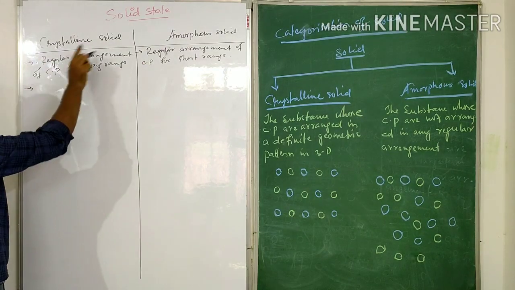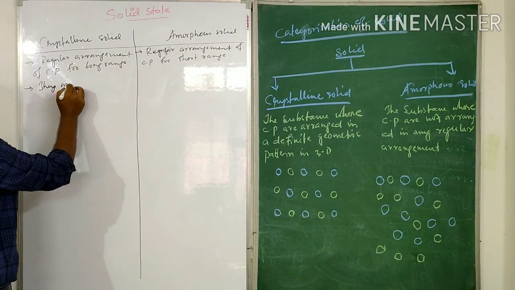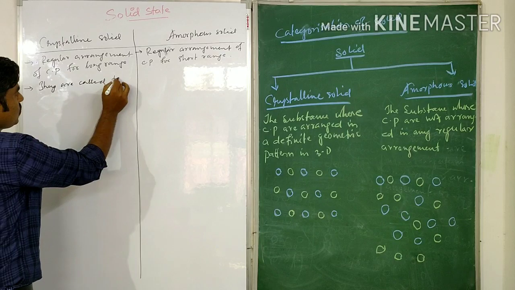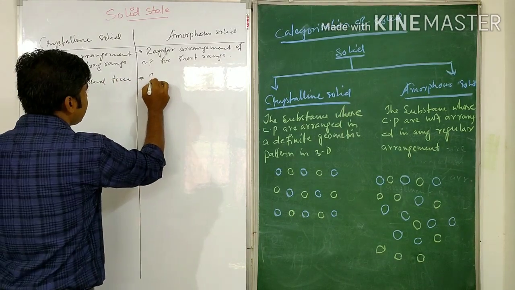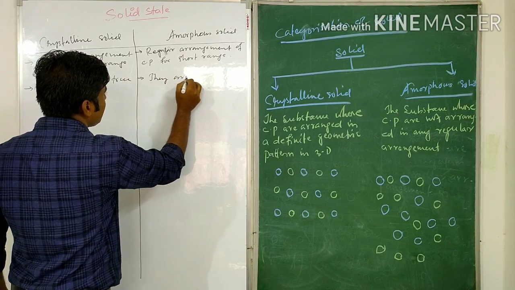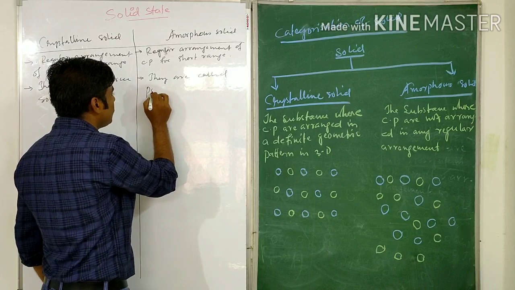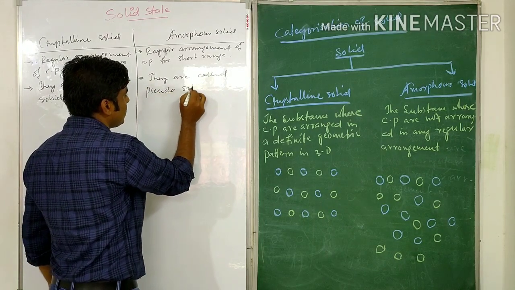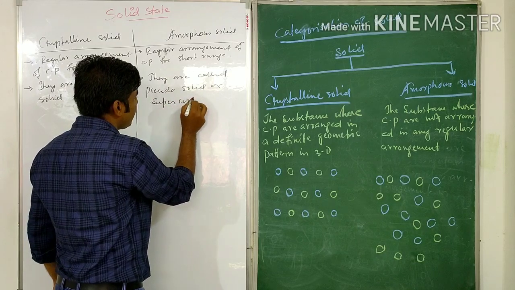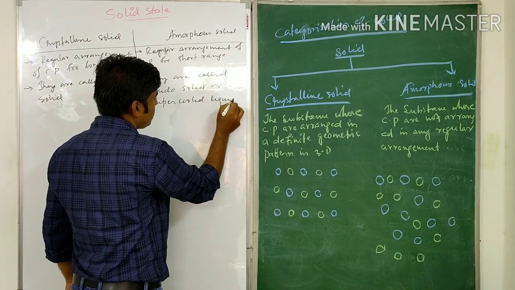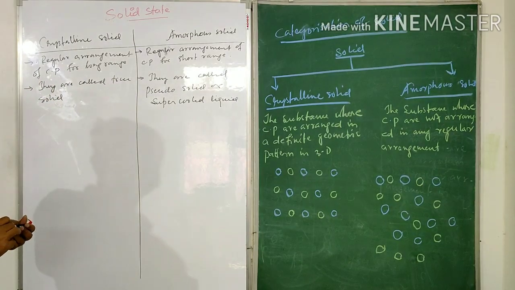Next, crystalline solids are called true solids. But amorphous solids are not called true solids; they are called pseudo solids or supercooled liquids.